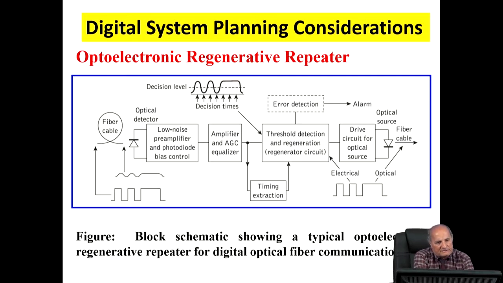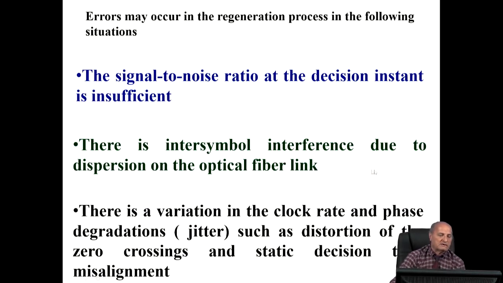It is simply an optical receiver that detects the signal at that point, removes the noise, equalizes the shape, and performs synchronization and repairing. Then the clean electrical signal is used to drive an optical transmitter. It is a costly unit, but was important in those days because it used an optical receiver to drive an optical transmitter.